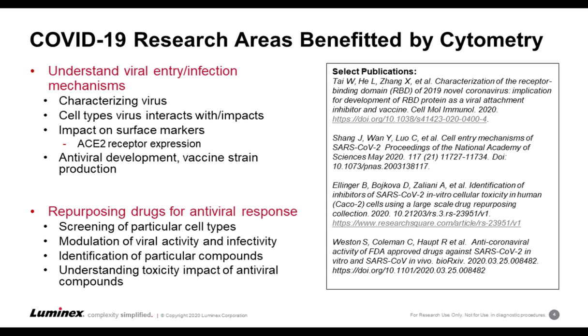And drug screening and repurposing studies are also being extensively performed to identify effective antiviral strategies where people are taking existing approved drugs and then applying them to viral infectivity studies, and several papers discuss these approaches as shown on the right.